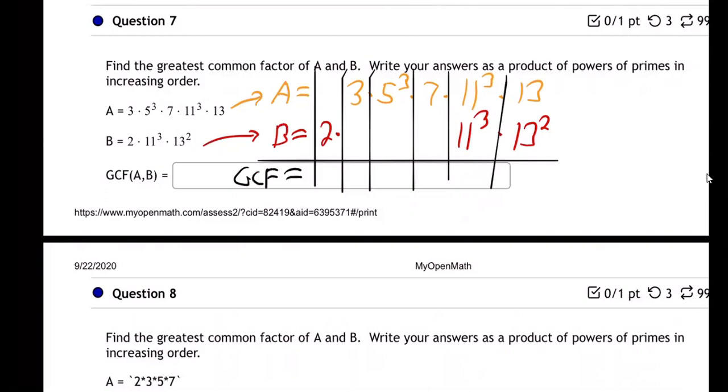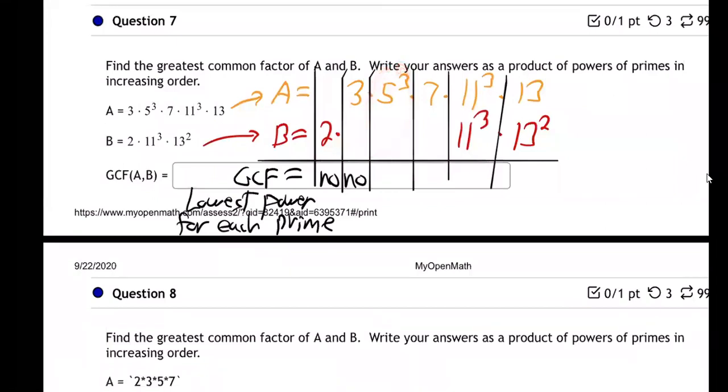Okay, and if you've only got 2 of them, remember what you're doing: the lowest power for each prime. So when it comes to the 2s, what's the lowest? The lowest is none. When it comes to the 3s, the lowest power is none.